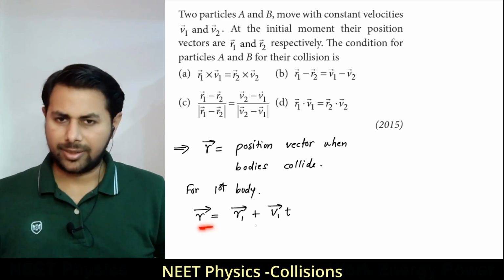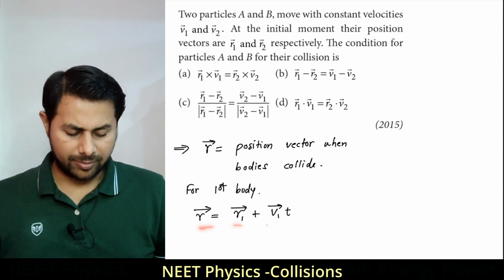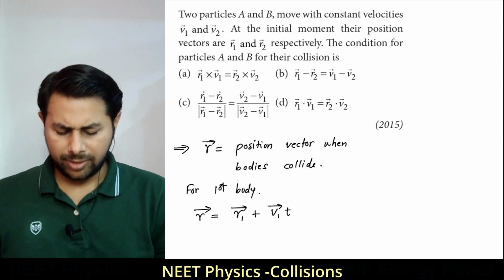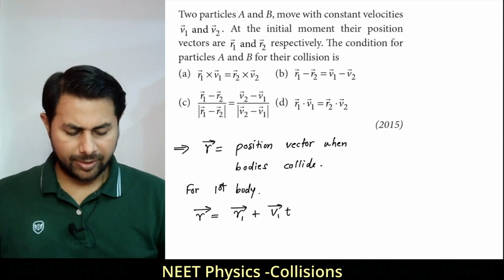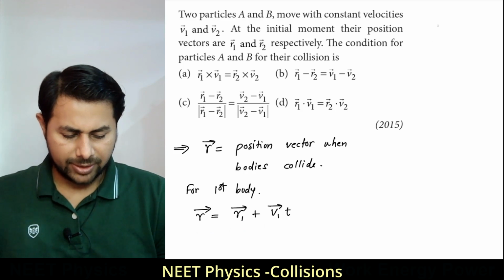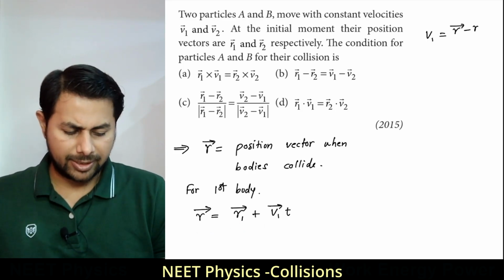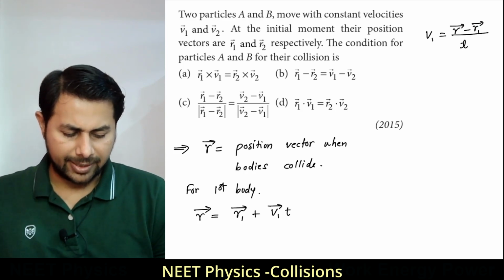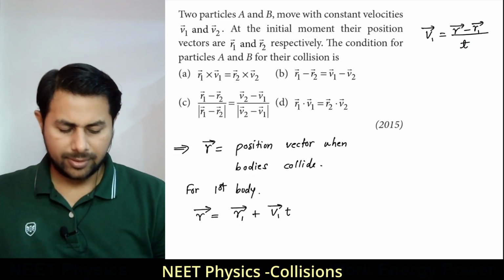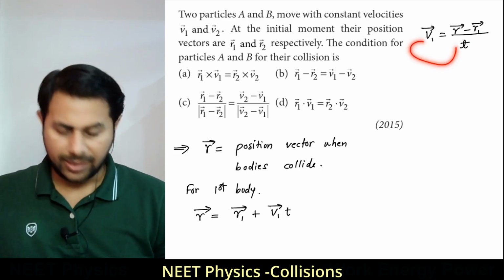Final position vector is equal to initial position vector plus velocity into time. Or if you want to see it in a different way, velocity is displacement divided by time. So that is final position vector minus initial position vector divided by time. Then you can move the time to the other side.